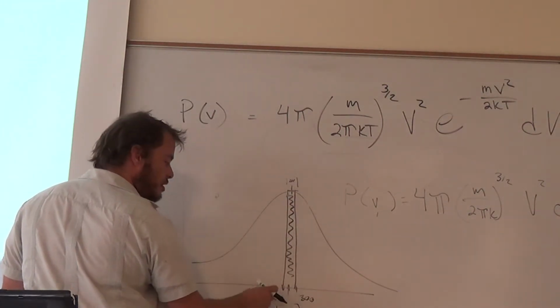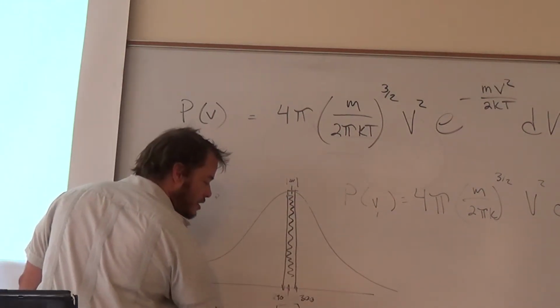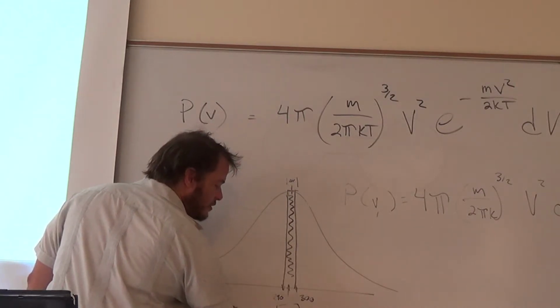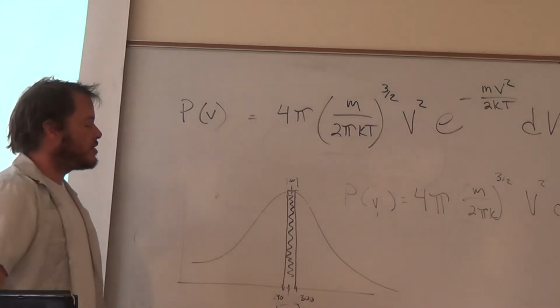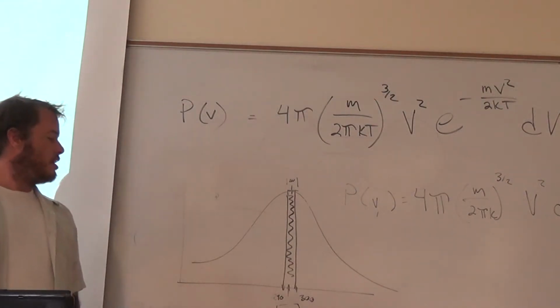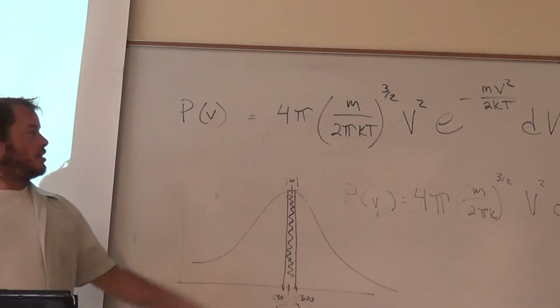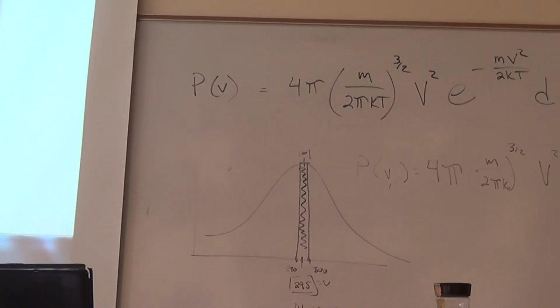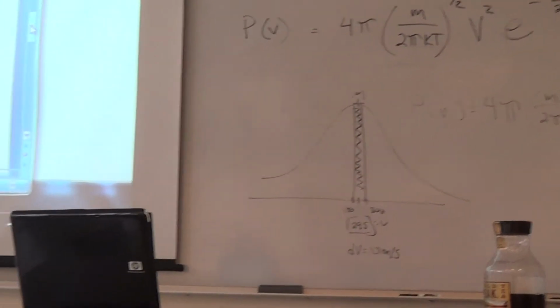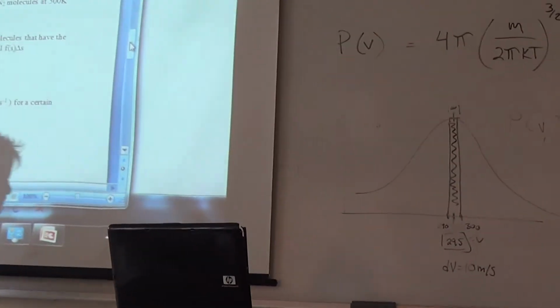You move from 290 to 300, so dv is 10 meters per second. Essentially just plug those values in, 295 for v and 10 meters per second for dv, into your equation, and you should get a probability from that. So it's an alternative to integrating. It's not a perfect estimation, but it does a close enough job. And that's all you have to do for this one.